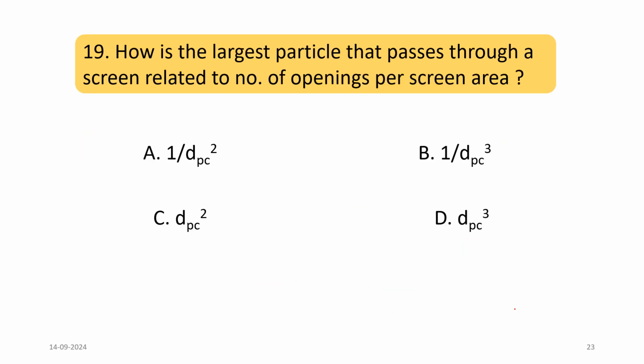Next, how is the largest particle that passes through a screen related to number of openings per screen area?